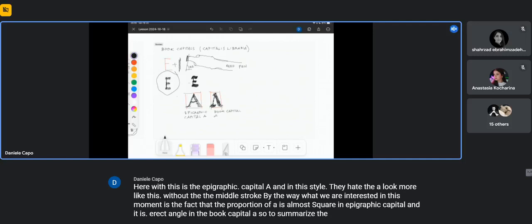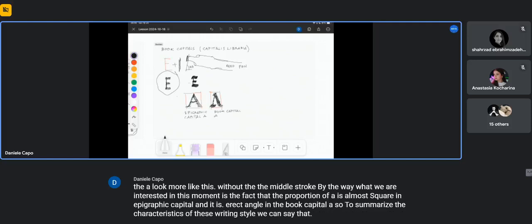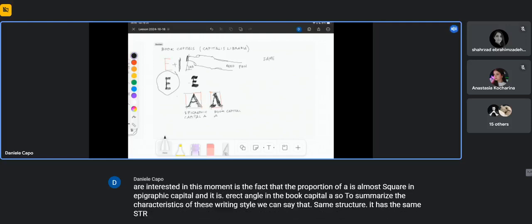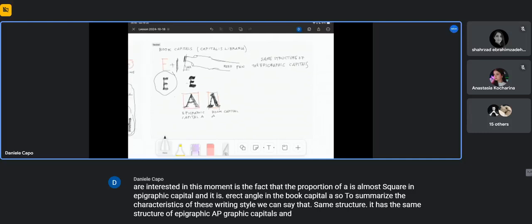So, to summarize the characteristics of this writing style, we can say that it has the same structure of epigraphic capitals, and it is a capital letter.